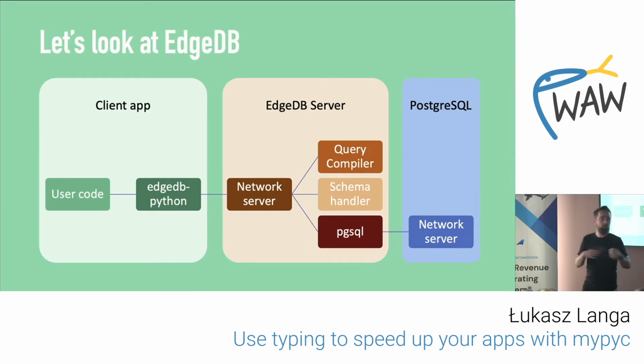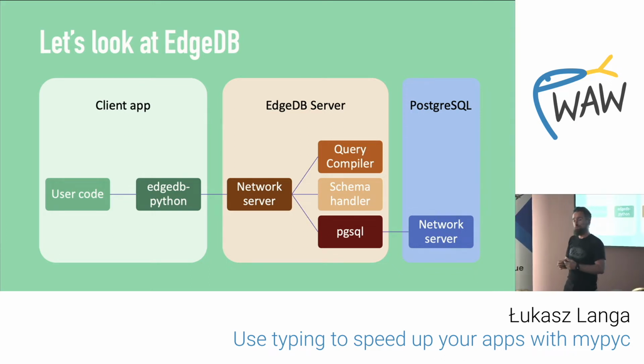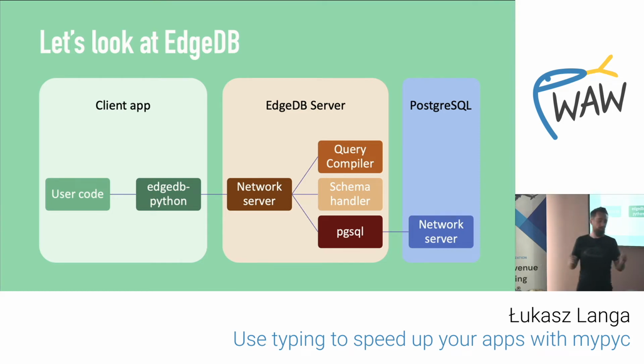You have some user code and you call into EdgeDB Python, where there's some connection and you make queries. You send them over the network, and there's some uvloop-based network server that gets those requests and compiles your query and handles your schema, because EdgeDB is based on objects that have graph relations between them.